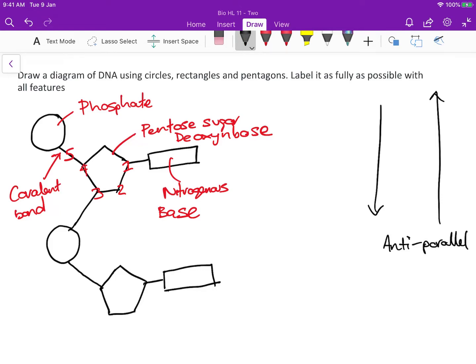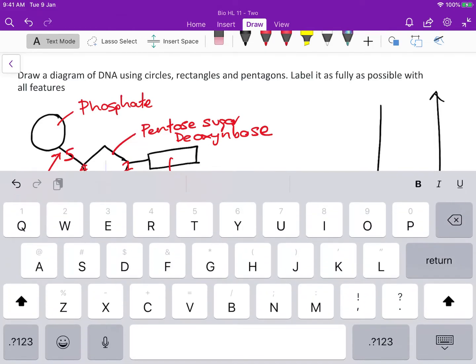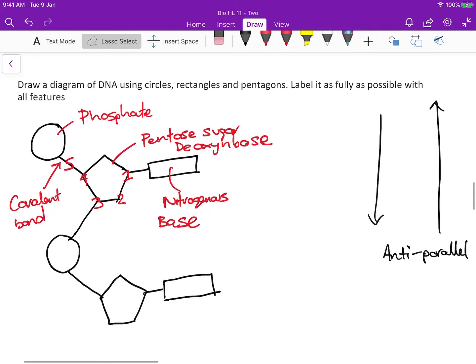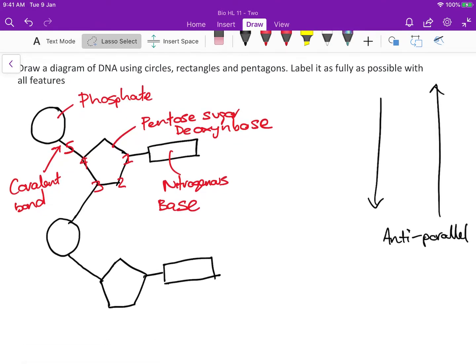And so the easiest way to do this is to turn your page upside down. Now, pretty hard for me to do.